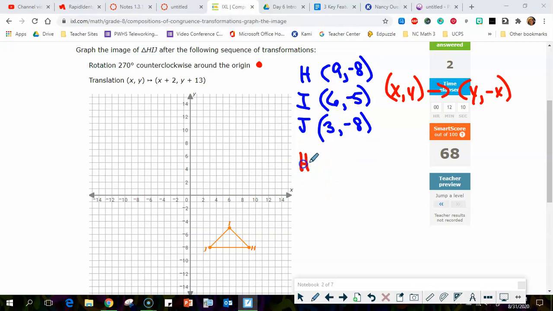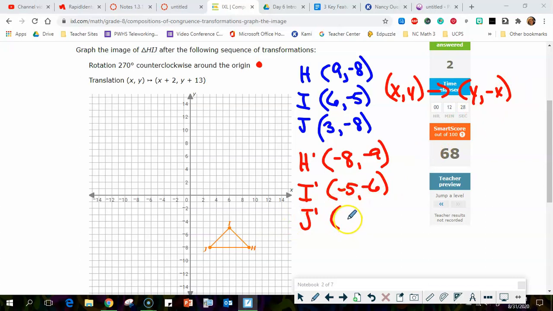So H prime is going to be negative 8, negative 9. I prime is going to be negative 5, negative 6. And J prime will be negative 8, negative 3. So there's my rotation.